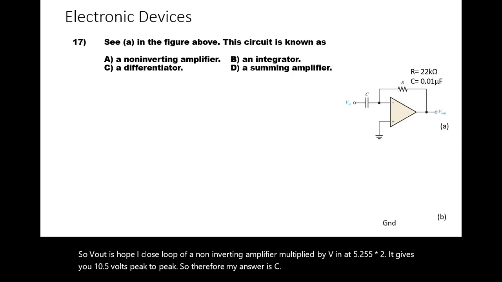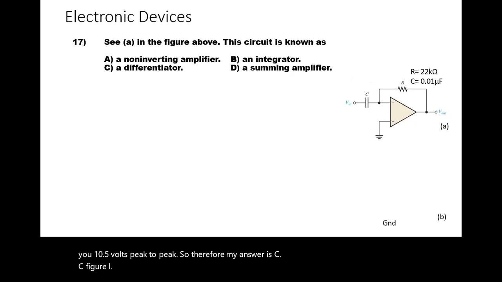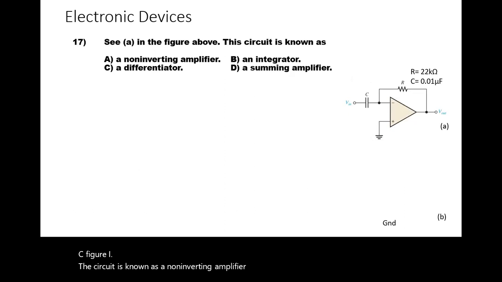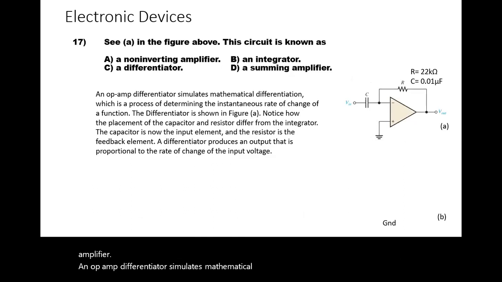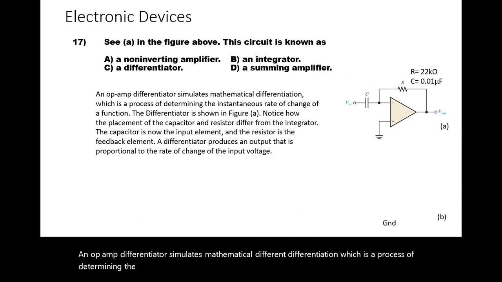See figure A. The circuit is known as a non-inverting amplifier, an integrator, a differentiator, a summing amplifier. An op-amp differentiator simulates mathematical differentiation, which is a process of determining the instantaneous rate of change of a function.